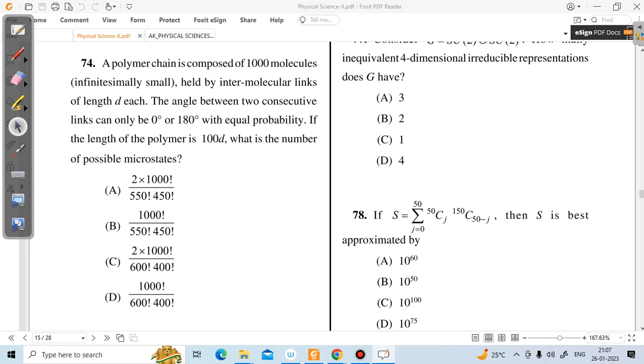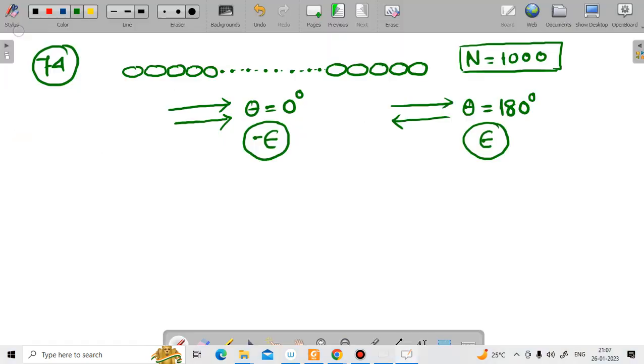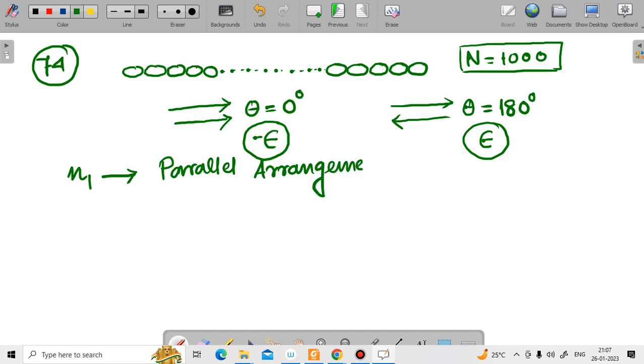So it is given that the length of the polymer is 100d. So let's suppose there are n1 number of links which are in the parallel arrangement, and there are of course n2 number of links which are in the anti-parallel arrangement, so that n1 plus n2 will definitely be your 1000.